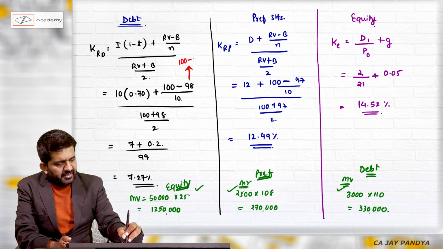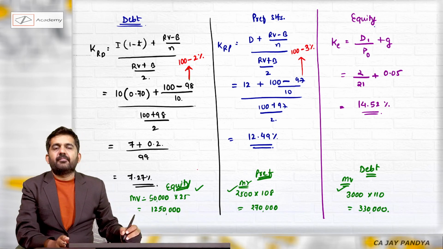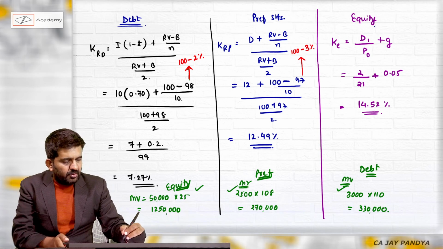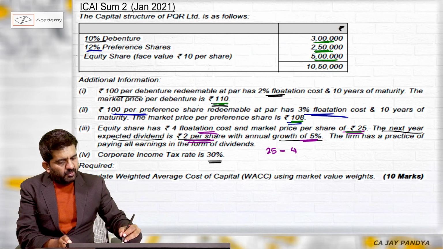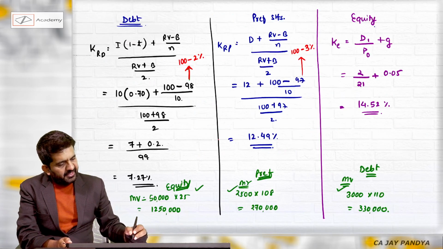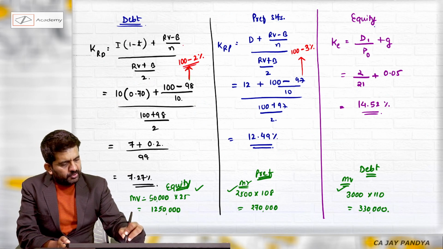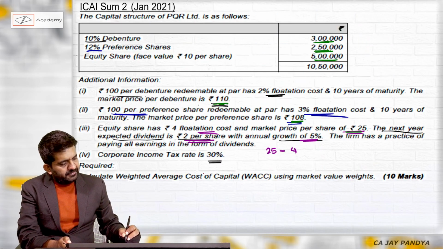It is 100 minus 2%. This is 100 minus 3%. Why? What is the market value of debentures? Debt is 110. Why can I not do this? 108 minus 2%.